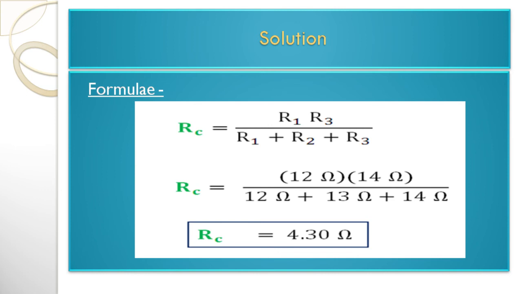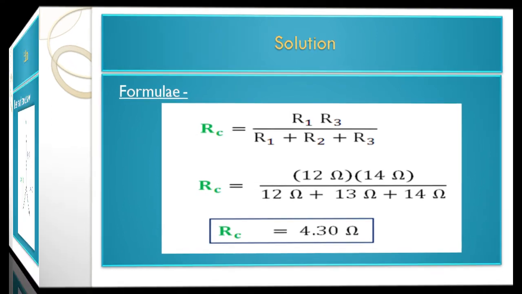Now substitute values of resistances R1, R2 and R3 using delta network as resistance RC is equal to 12 ohm into 14 ohm divided by 12 ohm plus 13 ohm plus 14 ohm. The value of resistor RC is equal to 4.30 ohm. We get a value of RC is equal to 4.30 ohm.